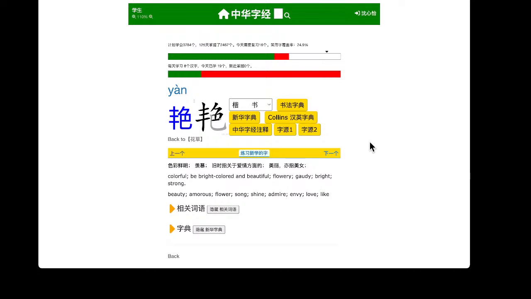And because of that, sometimes it actually refers to beauty, beautiful girls and women, and also just means beautiful in general. So this character is often very popular in girls' names also.